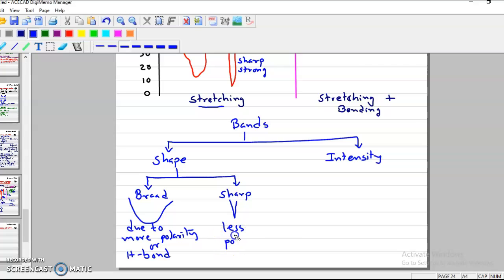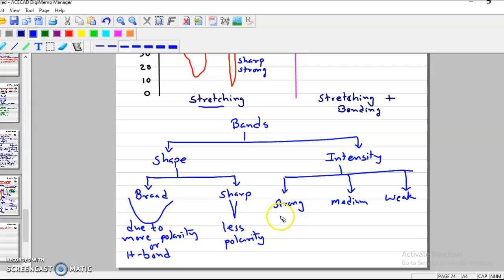So sharp band indicates less polarity. Okay. Then we have three types of band with respect to intensity. One is known as strong. Then we have medium, and then we have weak.